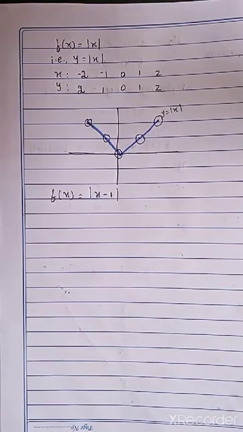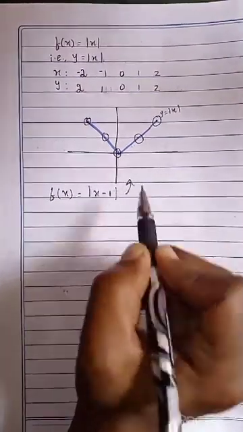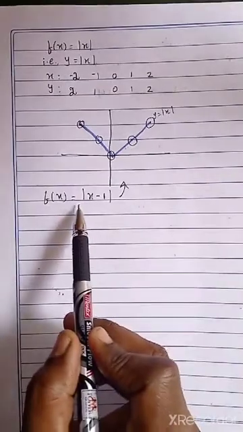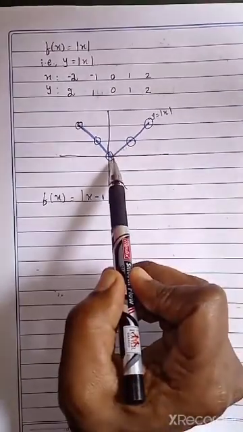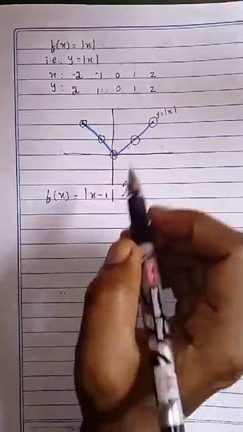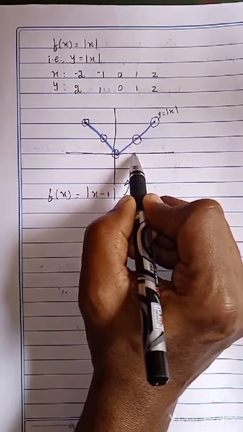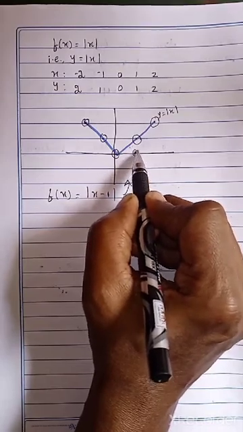Okay, now look here. We have to move 1 point to the right, right? So for y equal to mod x minus 1, I have to move 1 point to my right hand side, that is here. Correct? So how can I draw the graph?